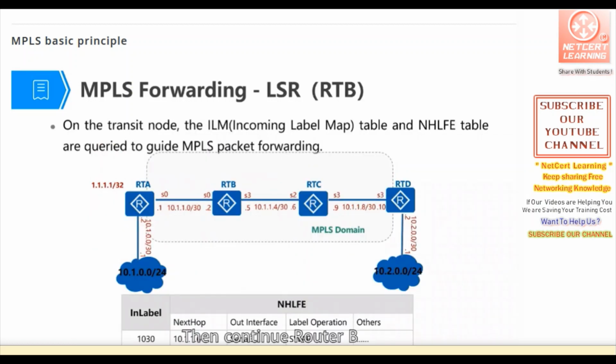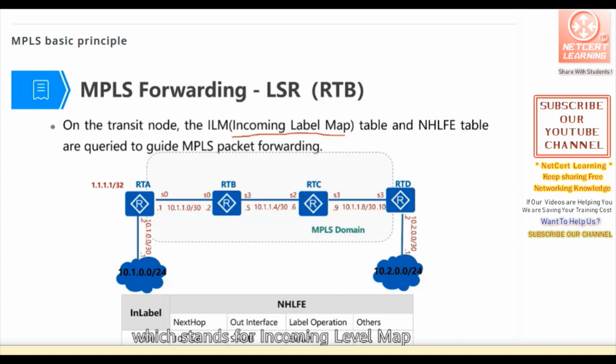Then continue. Router B is the transit node. It's in the middle. So on router B, we will search the ILM, which stands for incoming label map.